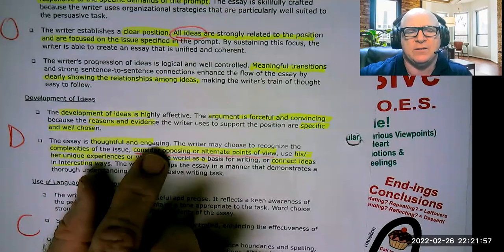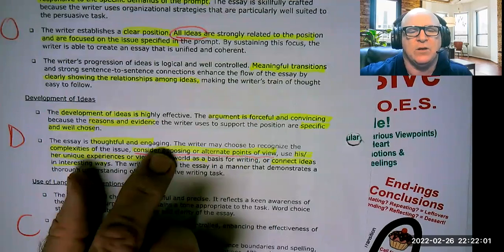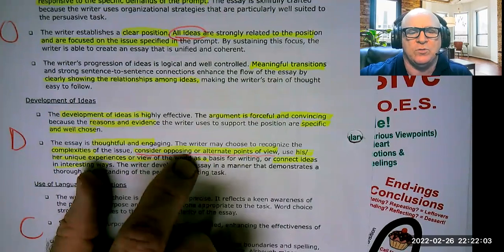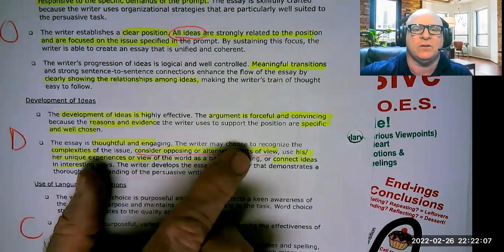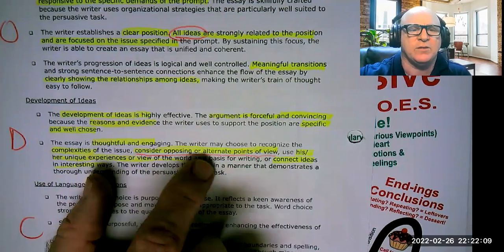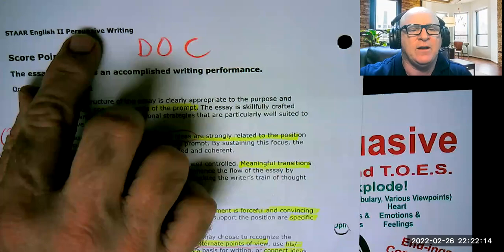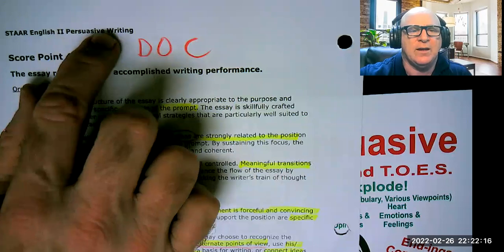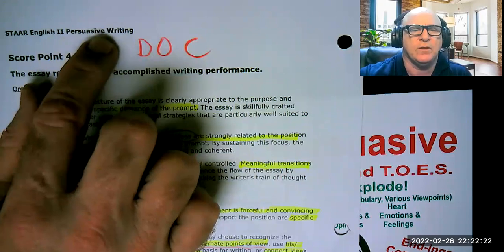So it's not to say that you can't get a 4 if you don't do that, because it says the writer may choose to consider opposing or alternate points of view. So let's take a look at persuasive towards the end. Think of that V as, what are the various viewpoints that I could bring out before I end and exhort the reader to change?